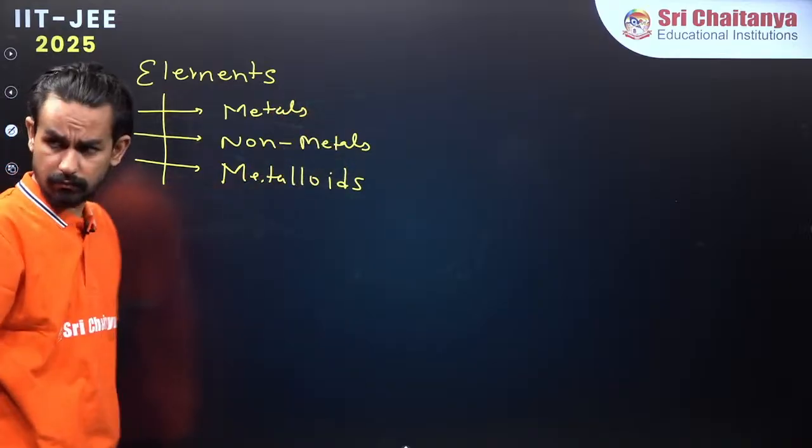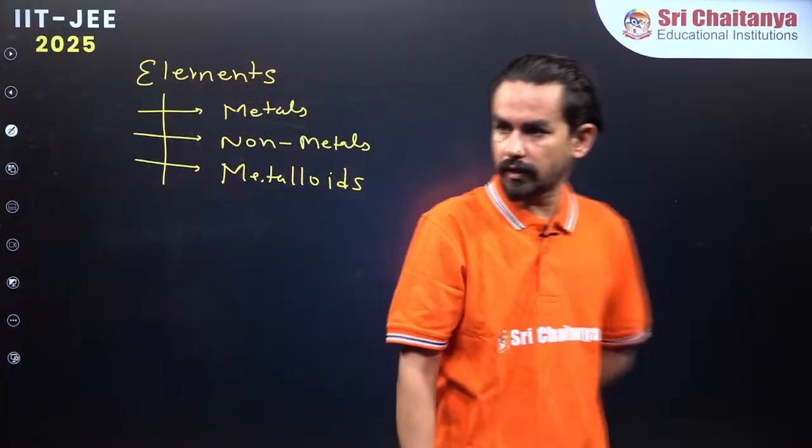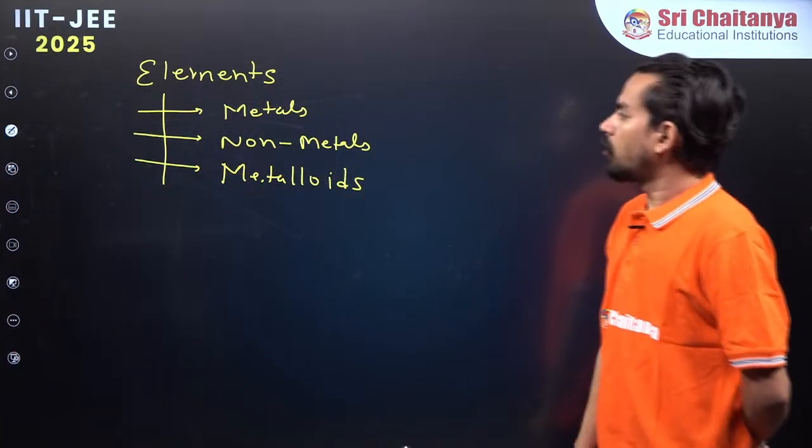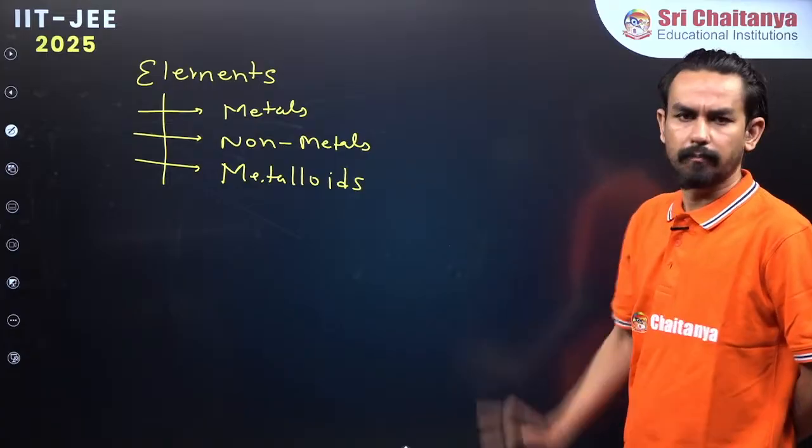These are the three classifications that are there. Okay, so metals, non-metals and metalloids.